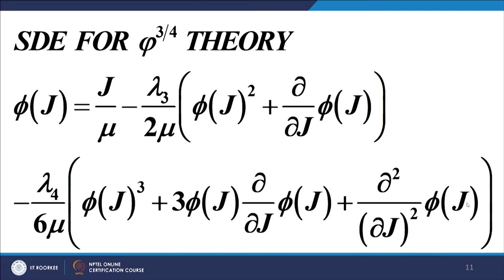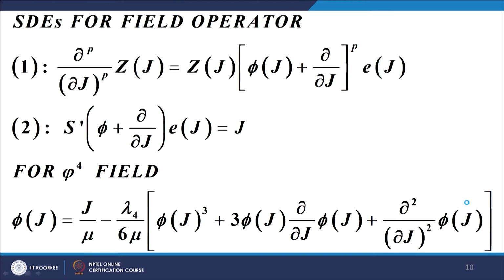The Schwinger-Dyson equation for the phi 3 4 field is given in this slide. You see the additional terms involving lambda 3, which is the coupling constant for the phi to the power 3 term added to the action, which is included here as an additional term to the original expression for the phi to the power 4 field, which is given in the bottom equation of this slide.